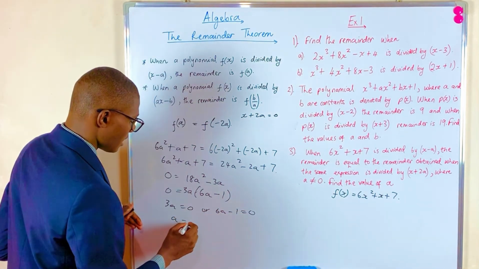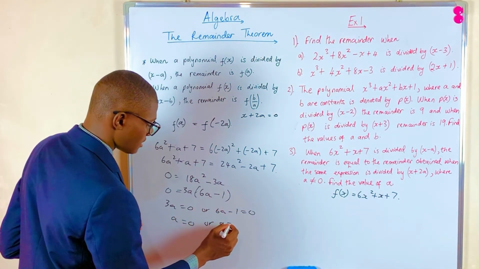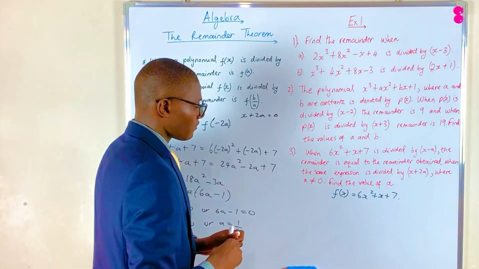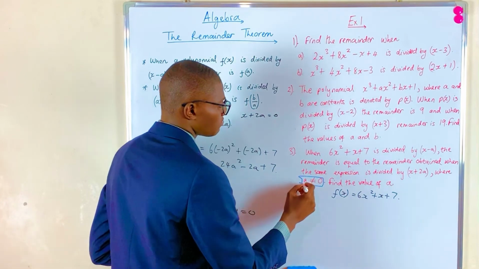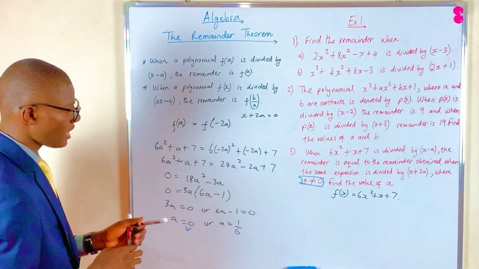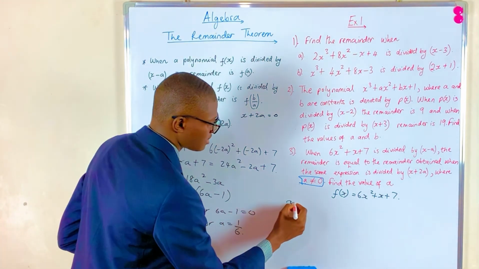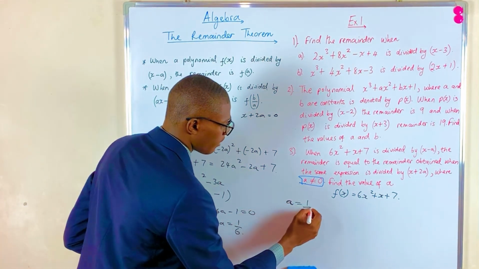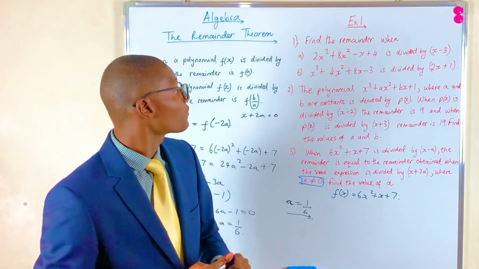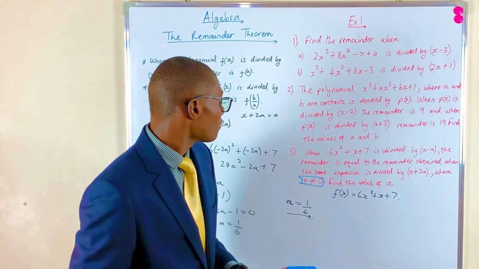And here we get a is equal to 0 or a is equal to 1 over 6. But it is specified, right, that a cannot be equal to 0. So we shall discard that solution and take the solution that a is equal to 1 over 6. So this is the value of a that we get after we solve for a.